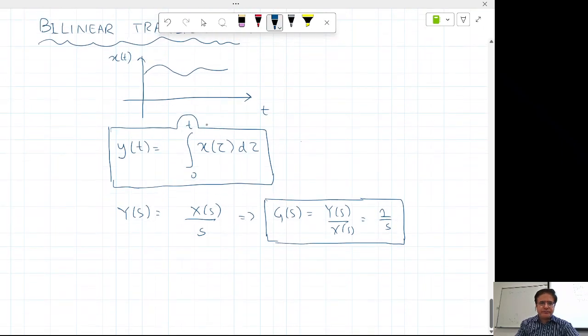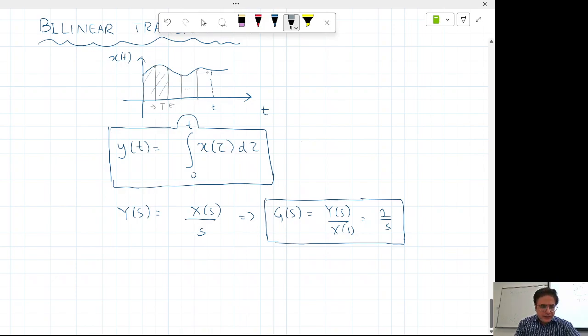Okay. That is what it's doing: suppose this location is t, it's just integrating the input until this point. Clear? Now let's say we sample the signal, with a sampling interval of T seconds.